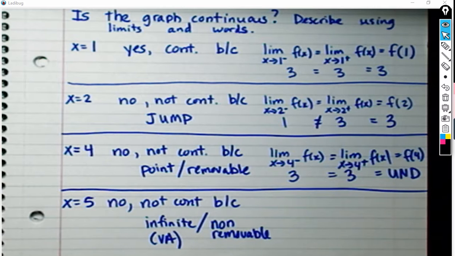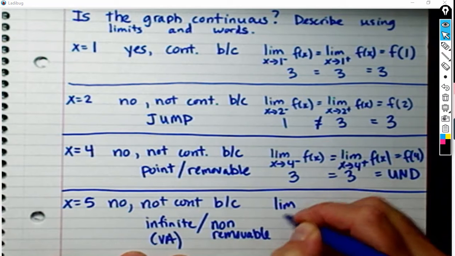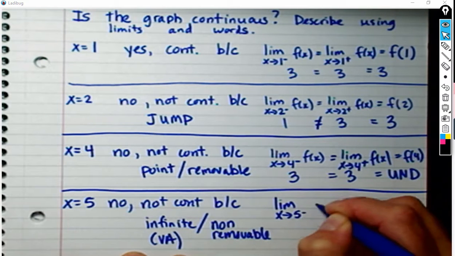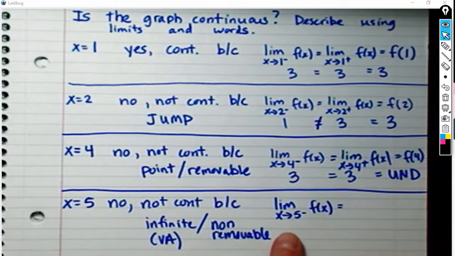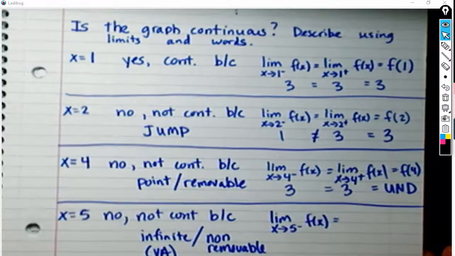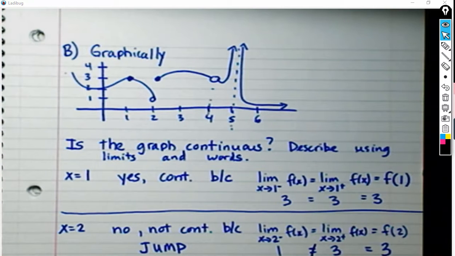All right. Then what is the limit as x approaches 5 from the left equal to? Hold on. There's our picture. 5 from the left. Come on.